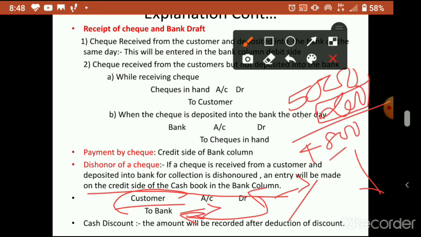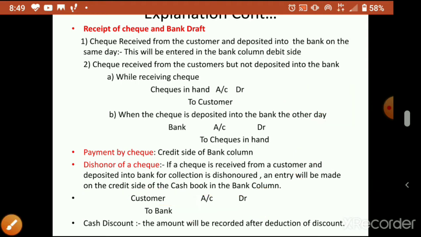So 4,800 you can enter in the cash book after the discount amount. Okay, so this many points I told you. Remember, receipt of check, what to do if check is deposited same day or on a different day. Next, payment by check, dishonor of check, then cash discount.